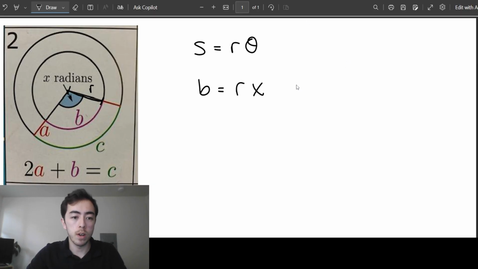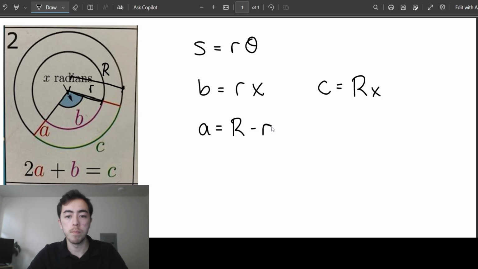And likewise, c, the greater arc, is also going to be equal to Rx, but I am going to use this big R to represent the longer radius of the bigger circle. And a is just going to be the difference in the radii, because the big radius minus the little radius gives us the distance of a. So a is equal to big R minus little r.